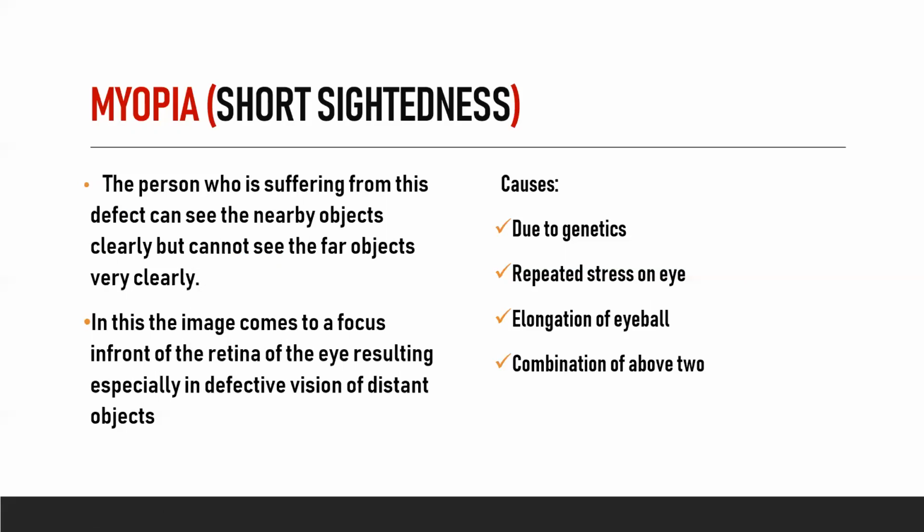A compulsory question that is going to be asked is: what are the causes of myopia or hypermetropia? The causes can be genetics, or repeated stress on the eyes, for example people who don't sleep properly or who continuously look at screens like TV or laptops. Another cause is elongation of the eyeball: due to the stress, the eyeball elongates. It can also be a combination of the above two or three.